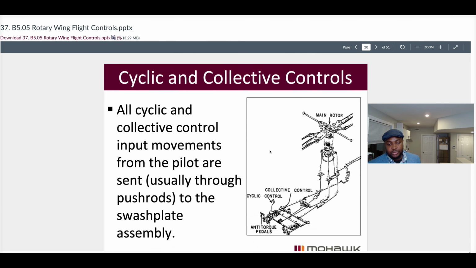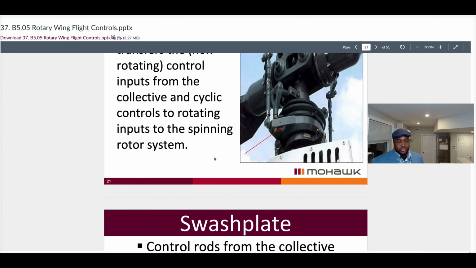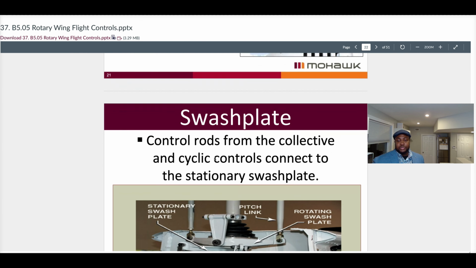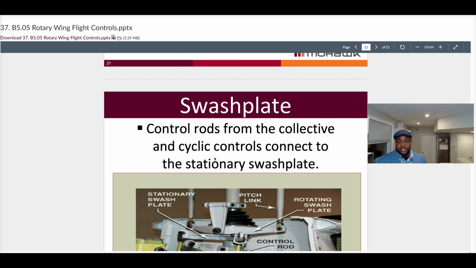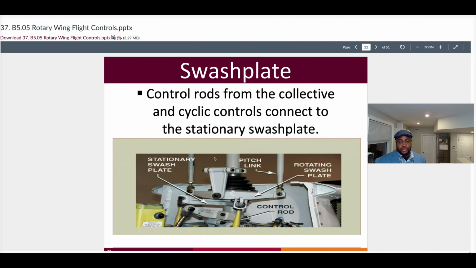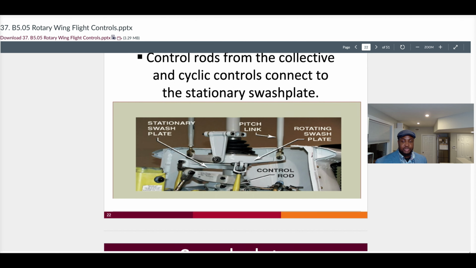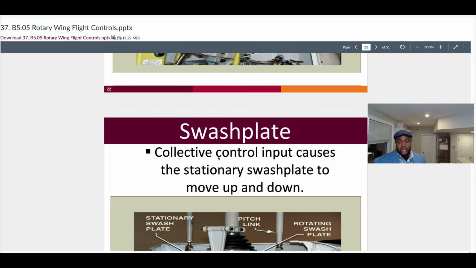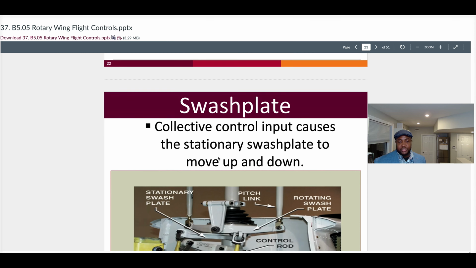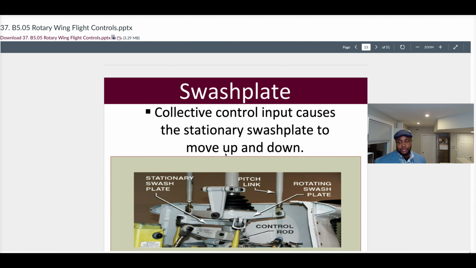The swash plate assembly transfers non-rotating control inputs from the collective and cyclic controls to the rotating inputs of the spinning part of the rotor system. The control rods from the collective and cyclic controls connect the stationary swash plate, the bottom swash plate, to the upper swash plate. Collective control input causes the stationary swash plate to move up and down.